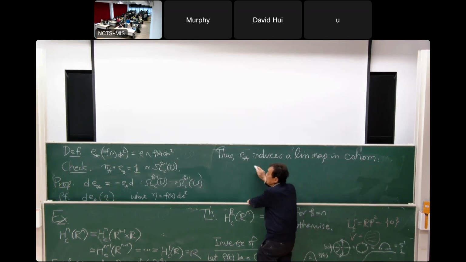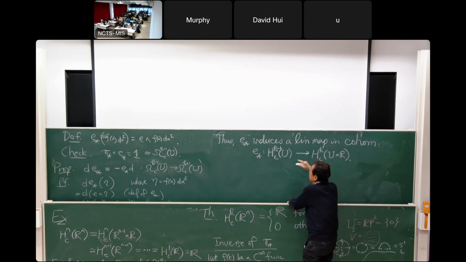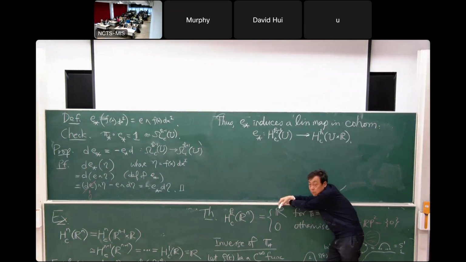E lower star is going to go from the cohomology with compact support of U to the cohomology with compact support of U cross R, but in degree one more.